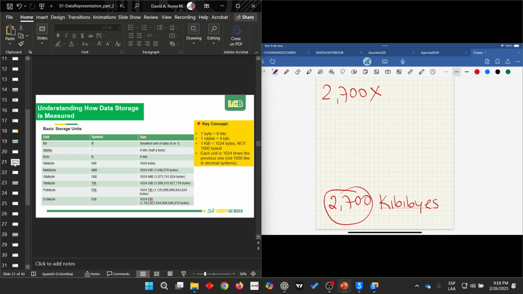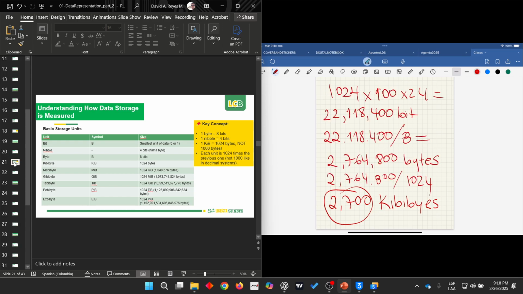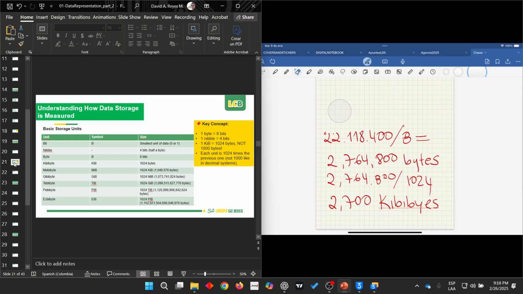We divide it? We multiply it by 1024. I'm going to delete this and write it once again.